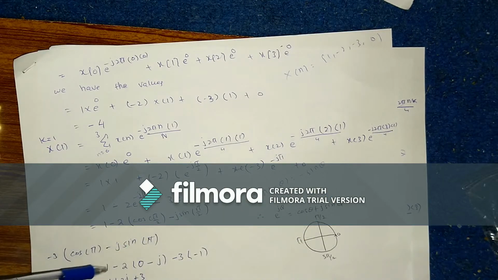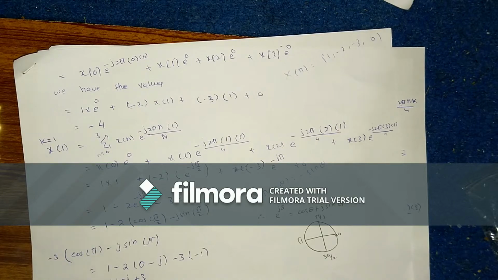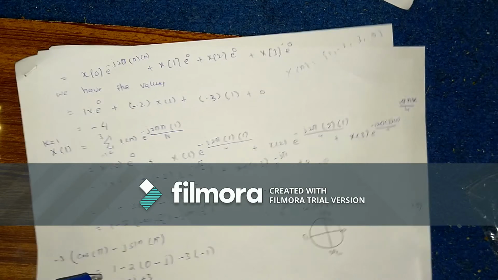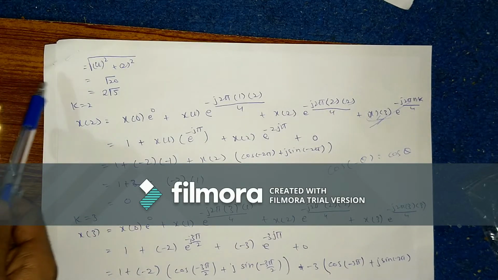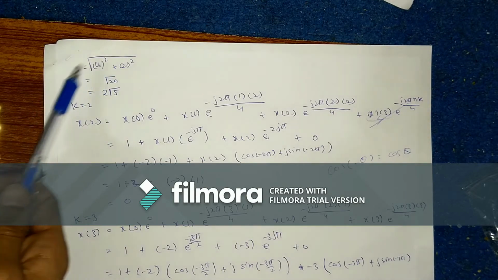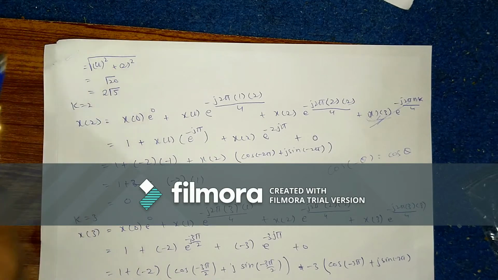So we put minus 2, 0, minus j and minus 3 into the function, and it turns out to be 0 plus 2j. As we know, we are only interested in the magnitude values of these functions, so taking the magnitude, it turns out to be 2 under root 5, or under root 20.